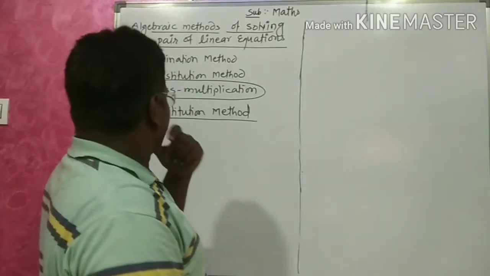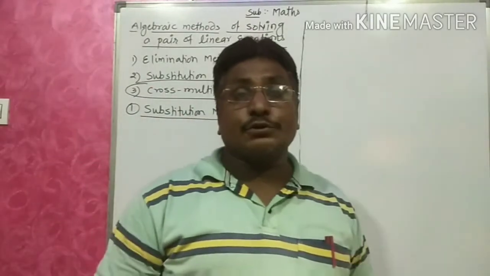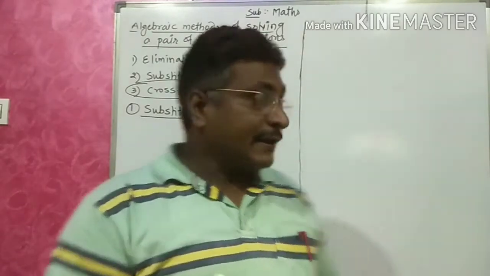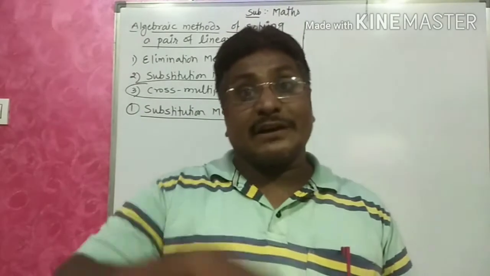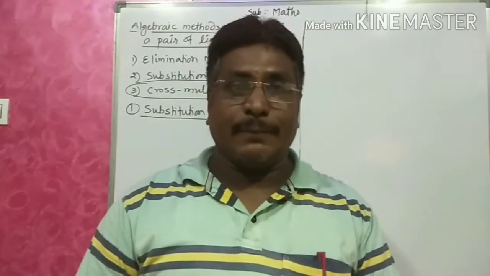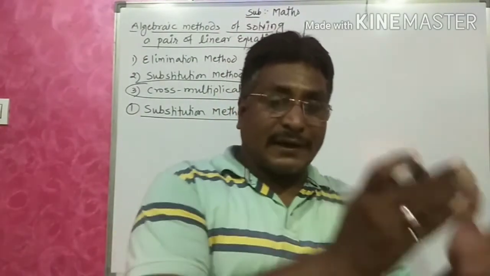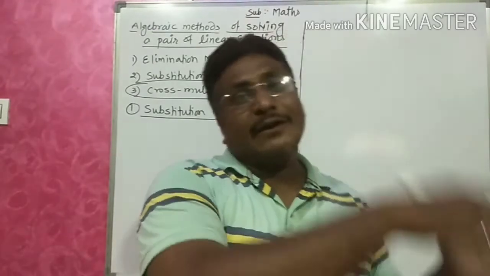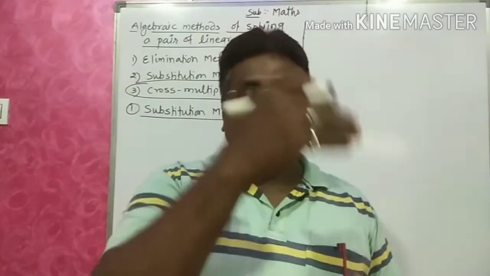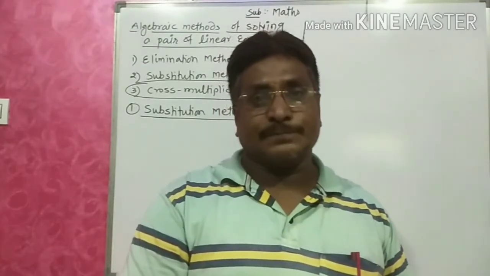Okay students, substitution means putting. Here two variables are there, so we convert the two variables into one variable. In place of one variable, we put the value from the other equation. That is the substitution method.